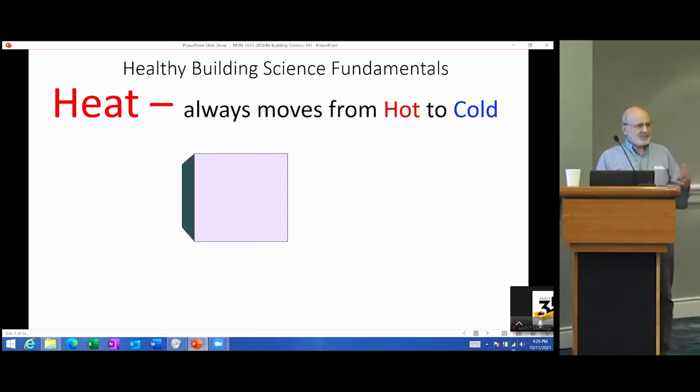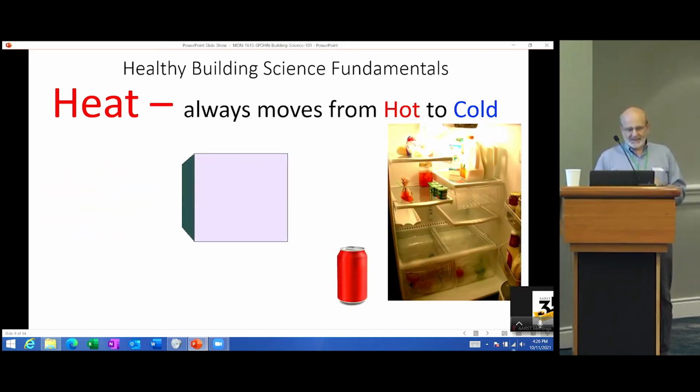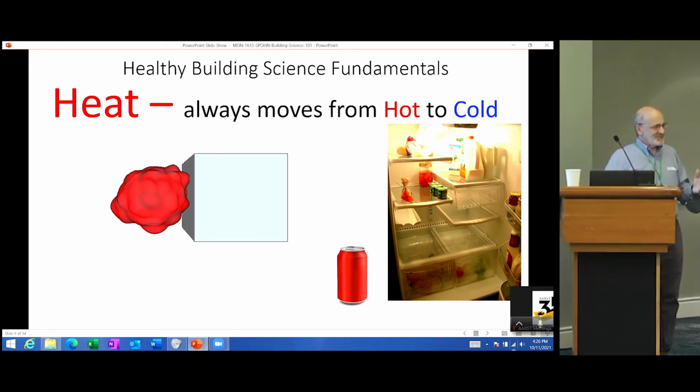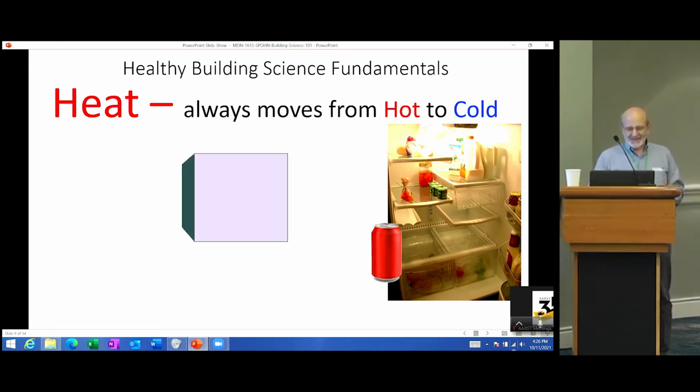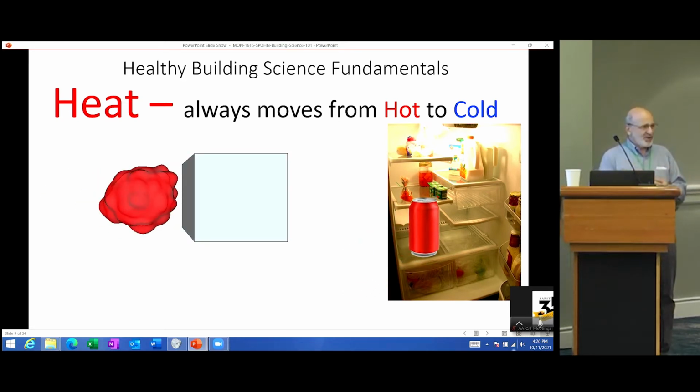So one defining principle we talked about before: heat, air, moisture. Heat always moves from hot to cold. So that's a form of drive. And people here are probably more sciencey than my typical presentation audience, and understand that you don't make something cold, you take away the heat from it.